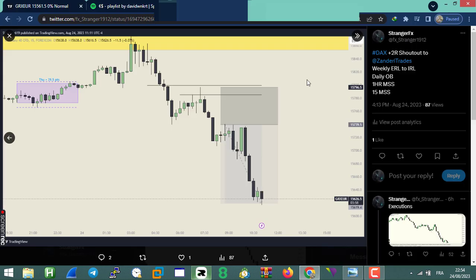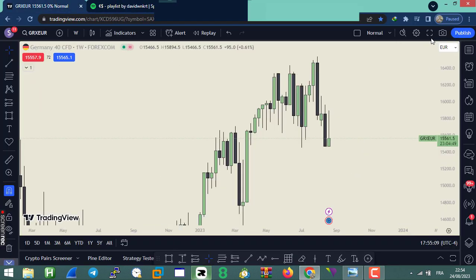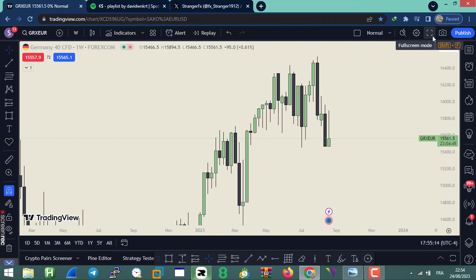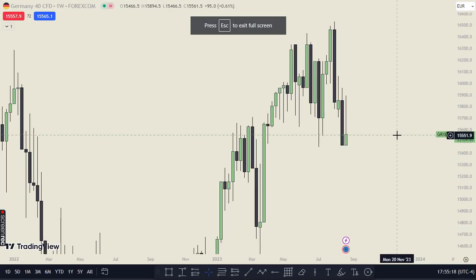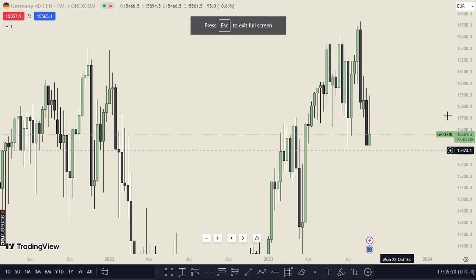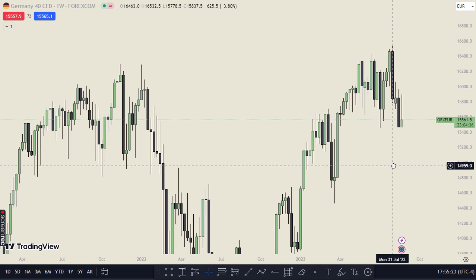So now let's start with analysis and how I applied my strategy that I have shared with you previously to this trade idea. As I told you before, we start from the weekly and the daily for buys. That's our time frames for buys.